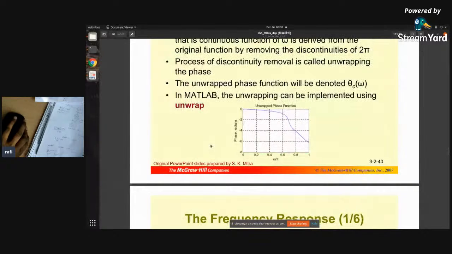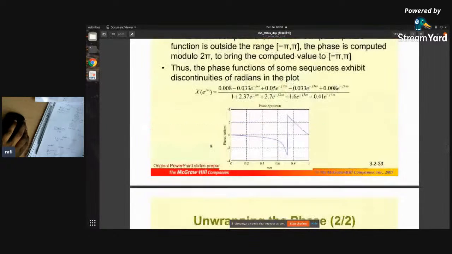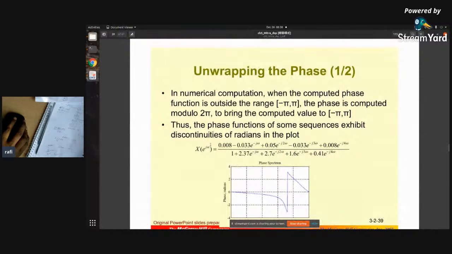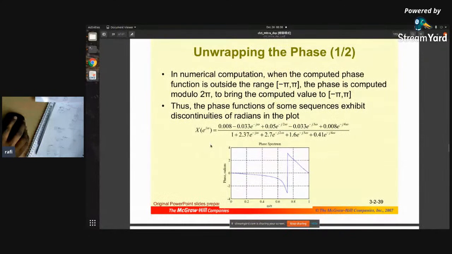Instead of directly computing the DTFT by substituting in the formula, it saves time, and sometimes while implementing it also saves computational complexity.